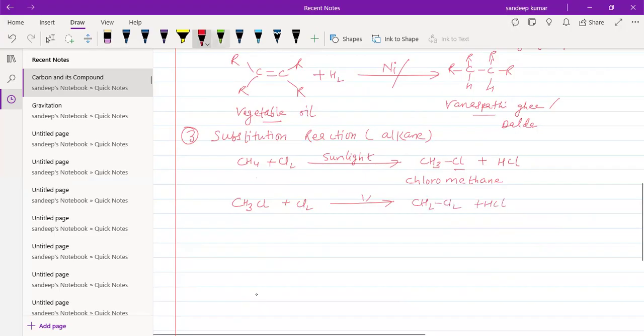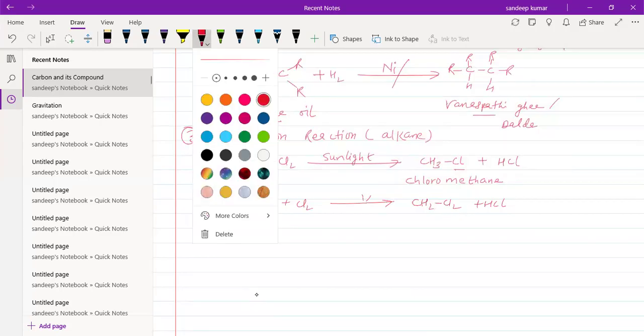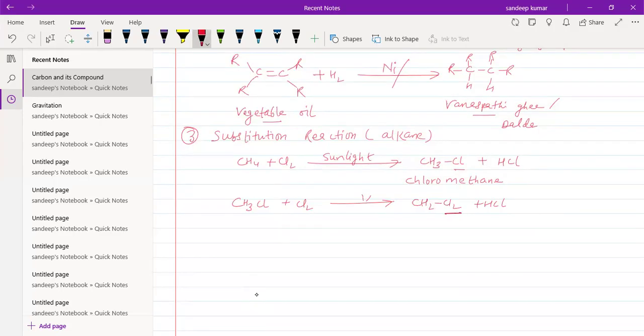In this case, what will happen? Dichloromethane. Two chlorine is right, so dichloromethane is formed.